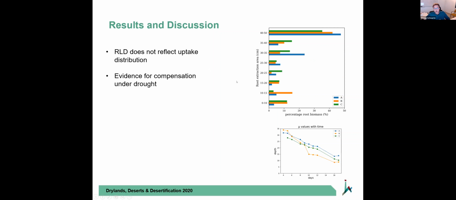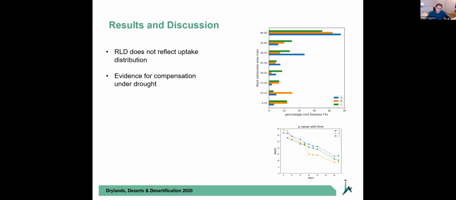Comparing this to the root length density that you can see in this figure. So this is the percentage of root biomass with depth. You can see that most of the roots, as expected, I would say, are located at the upper layer of the soil, and we have fewer roots at the bottom of our big pot.